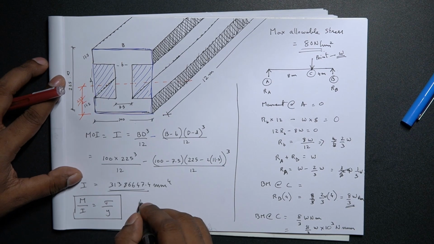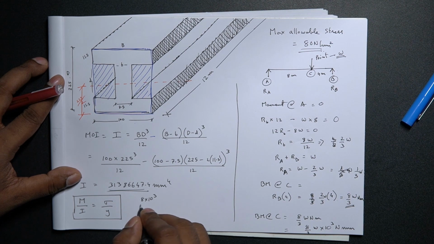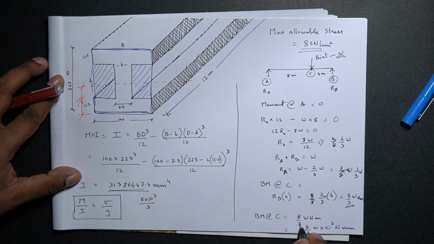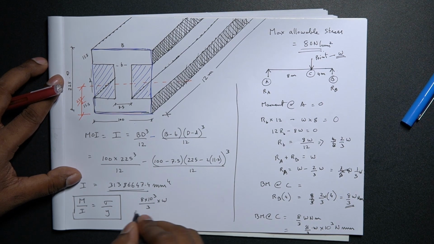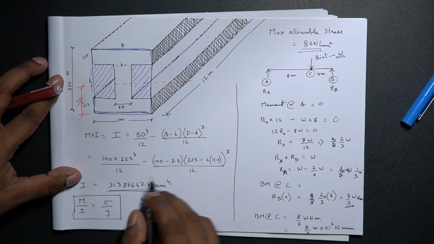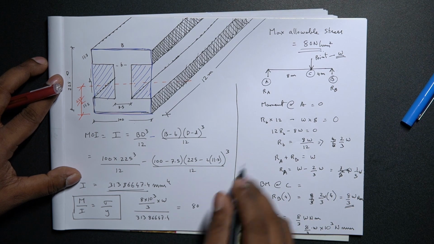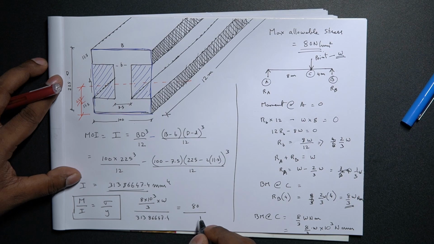Putting that in the formula, we have 8 into 10 power 3 by 3, this one, 8 into 10 power 3 by 3 into W, that is nothing but our W over here, divided by the moment of inertia 3138667.4 equal to the stress, that is 80 Newton per mm square. I am just directly putting 80 since it is in mm square, no unit conversion required, by 225 by 2.